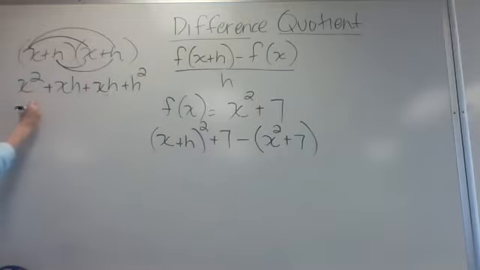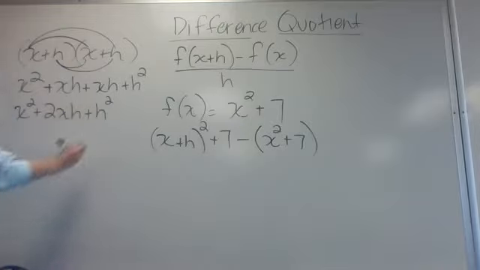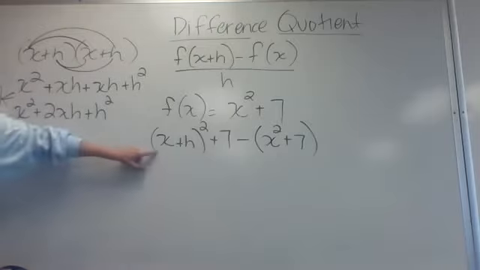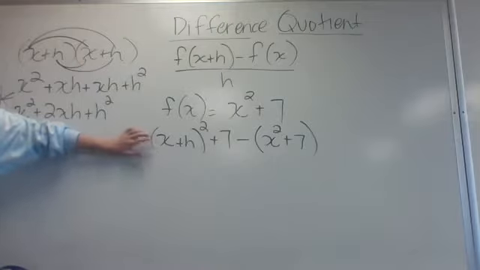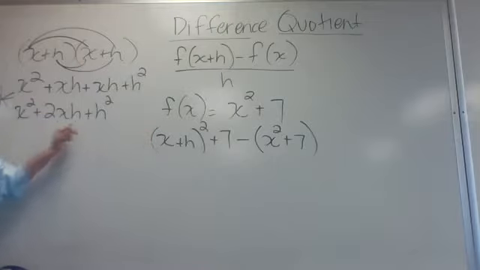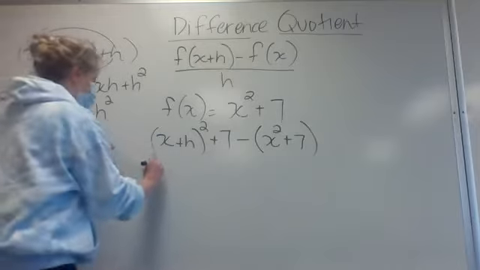So you've got x squared plus 2xh plus h squared. So again, I would just make that noticeable in your notes so that you don't have to FOIL every single time you need to use (x plus h) squared. You just do it once and then use it all the time. So in place of this, (x plus h) squared is what we just did here.